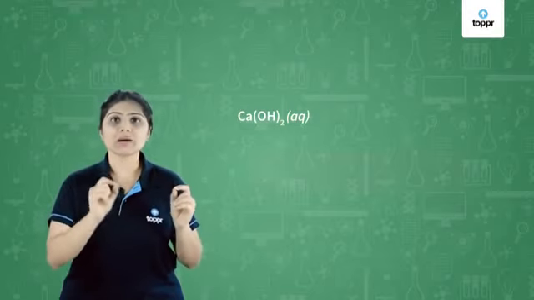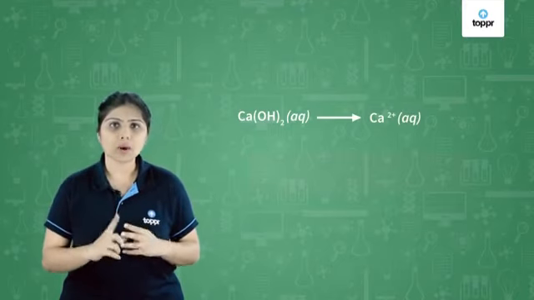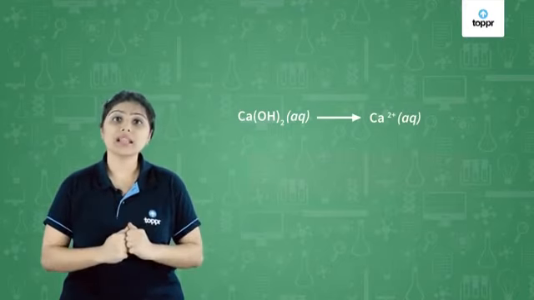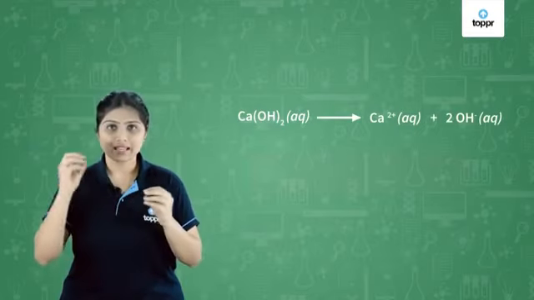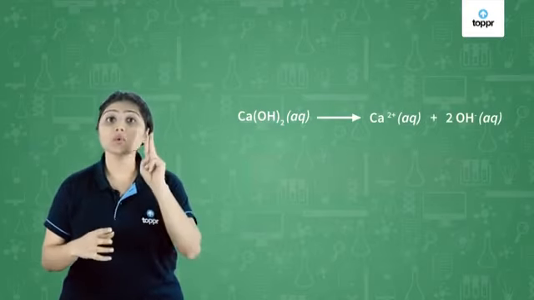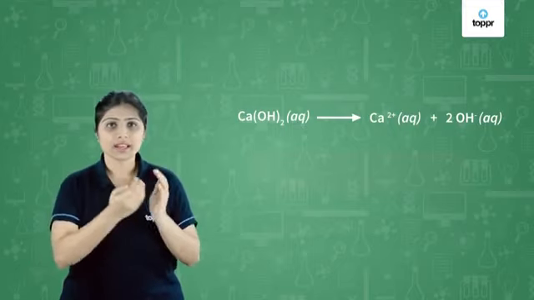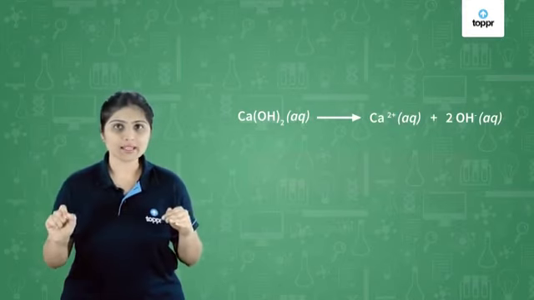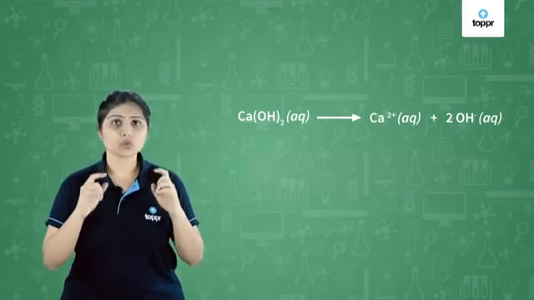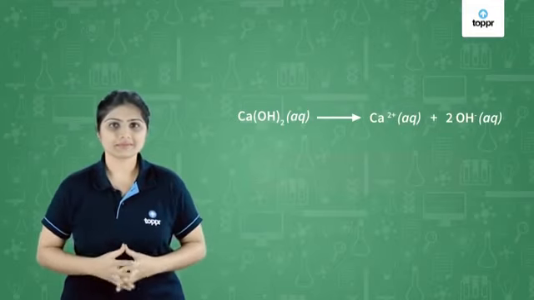So calcium becomes Ca2+. But hydroxide's valency is only 1, so it will accept only 1 electron, so it will become OH-. But because calcium gives 2 electrons, we require 2 hydroxides. So to balance the equation, we write 2 ahead of OH. So the equation becomes Ca(OH)2 gives Ca2+ and 2OH-.